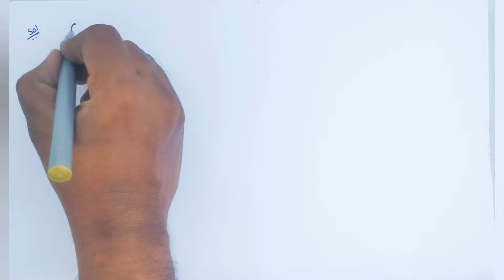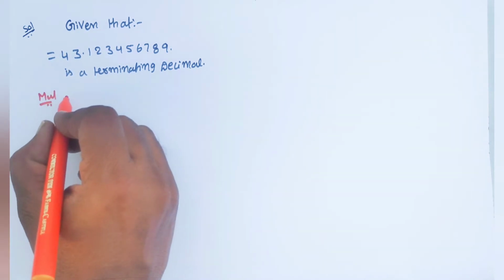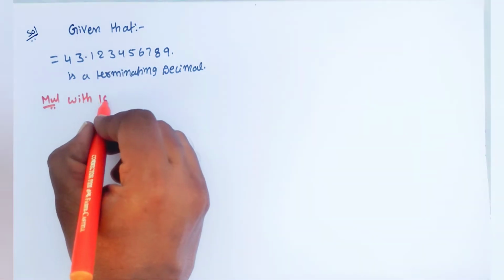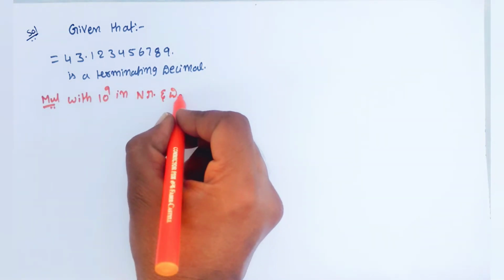Now the solution. Given that 43.12345678 is a terminating decimal. Now for that, 9 digits are there, that's why we multiply with 10 power 9 in numerator and denominator.